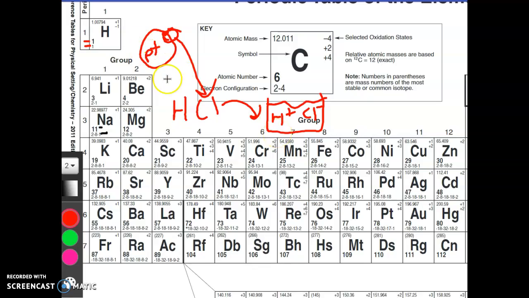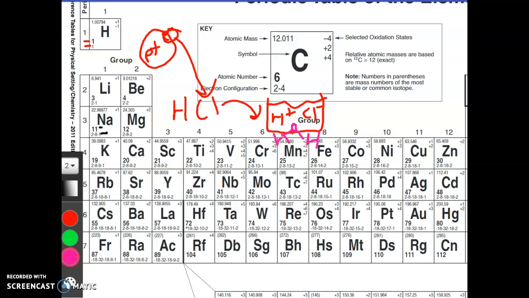But because it's just a proton in solution, it has a really hard time staying stable. So what it likes to do is bond to the water molecules in solution. Here I have my water, oxygen, and my 2 hydrogens.